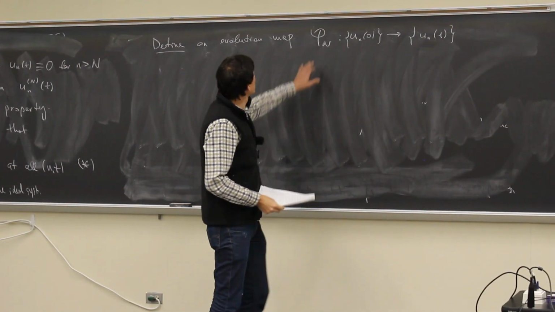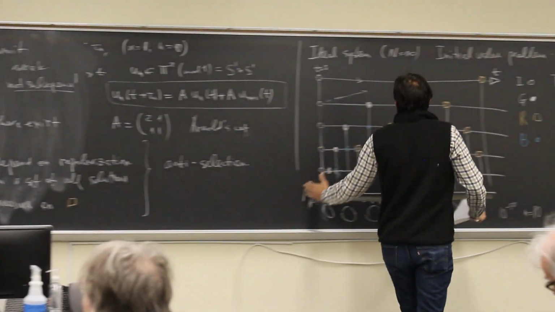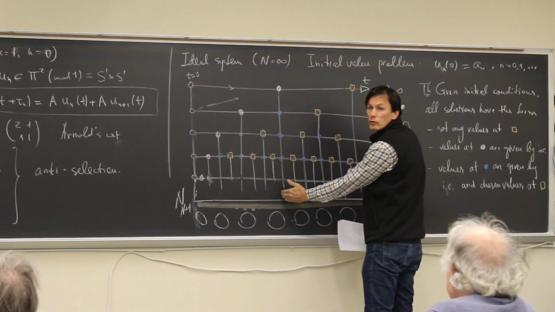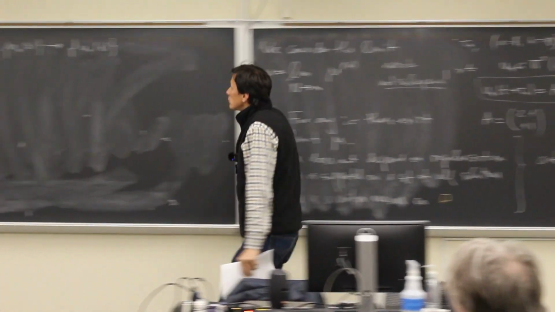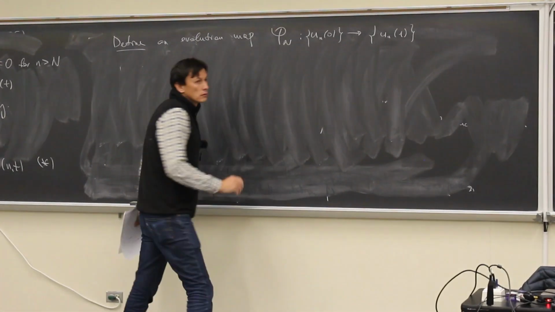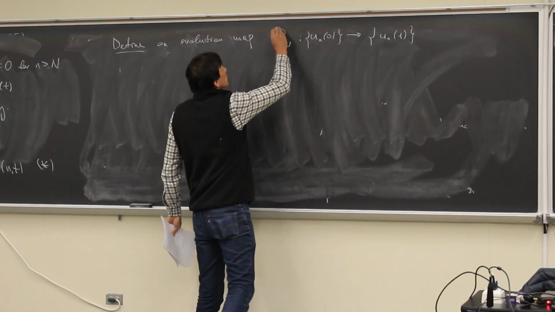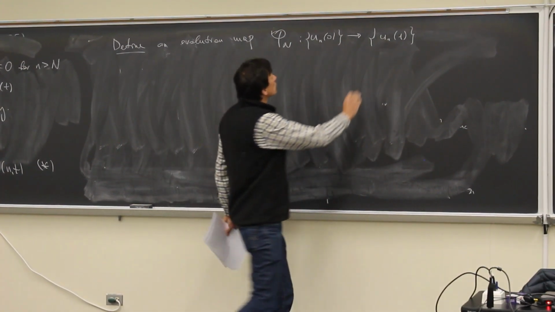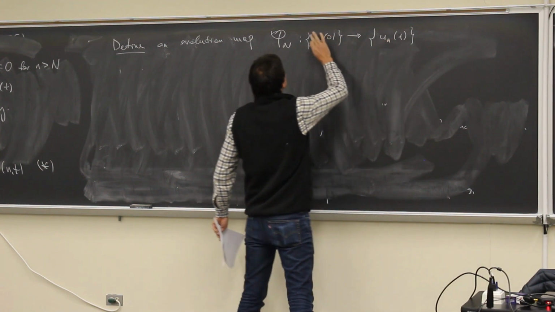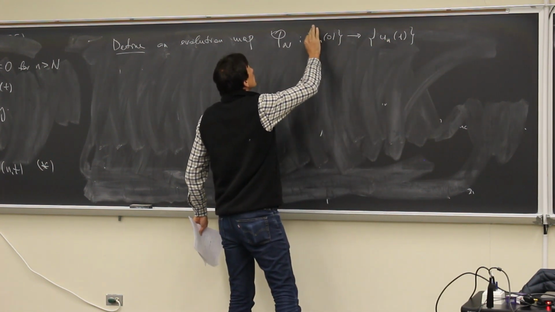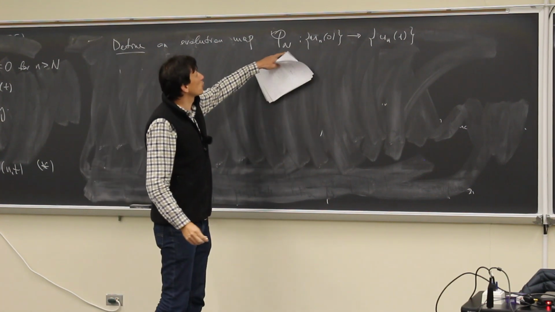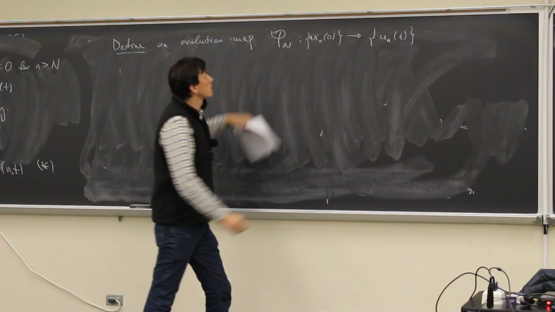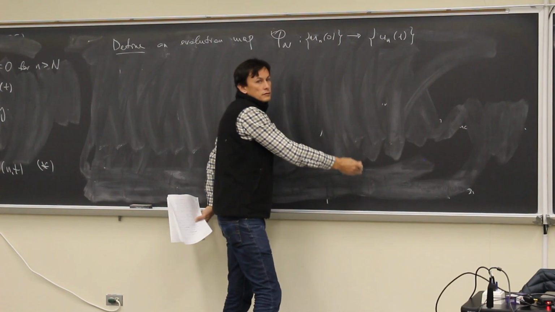So let's define evolution maps that map the initial condition to what happened at time 1. Capital N on the left and no capital N on the right? Capital N is where we cut, and this is a vector of all.